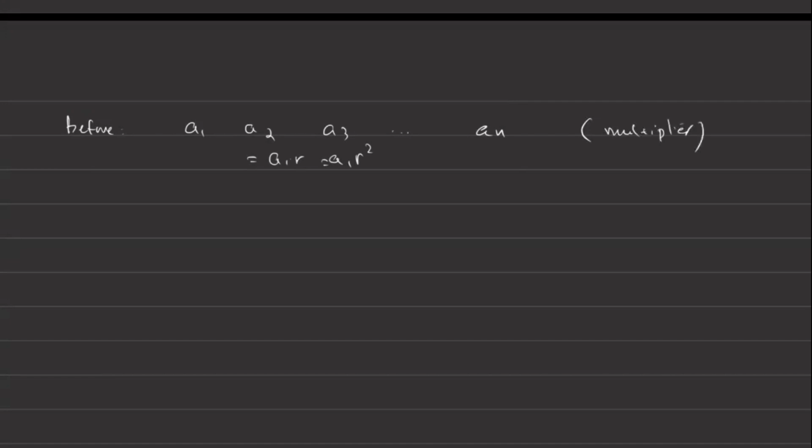In finance, we are under a different kind of setup. So now, this is the finance setup. The setup is A1. That's the first cash flow, so nothing happens there. But the second term is a little bit different. A2 is not A1 times r. What you really want to do is discount A2 back.